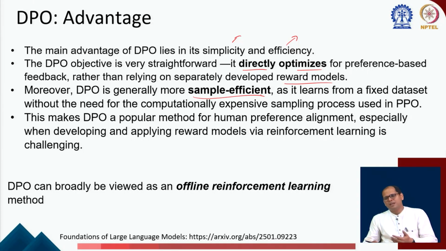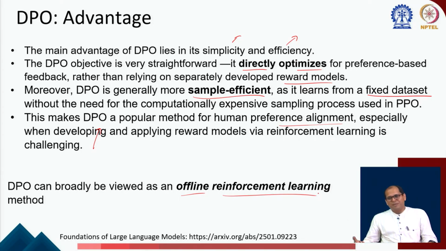You explore by generating some completions and scoring them with a reward model. Here you have a fixed data set, and that's why it has become a very popular method for human preference alignment. Especially when you think RL is challenging, you can directly go for the DPO model, but you need preference data, that is completions and preferences. People also see it as an offline RL method.